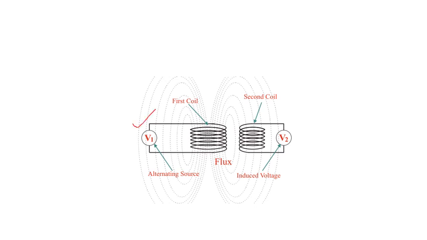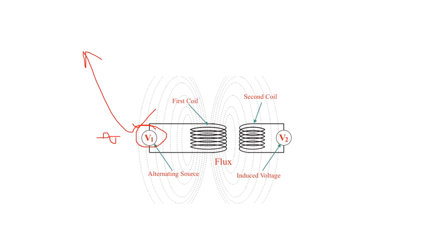This is your source, attached to the first coil. The first coil has a winding. Since it is attached to this source, and mind you this source is alternating, the current here is alternating.